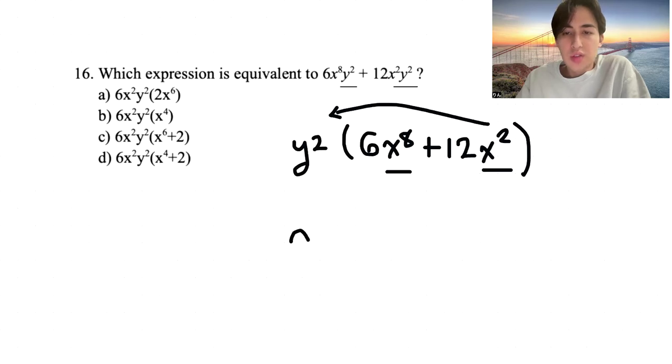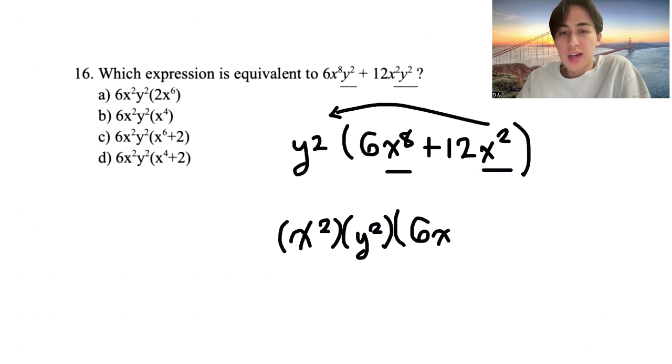So you are left with x squared times y squared. Now that you took out the x squared, you are left with 6x, and in this case, you would subtract the exponent. So 8 minus 2 will give you 6, plus 12. So after you took out the x squared and the y squared, you're left with 6x to the 6 plus 12.